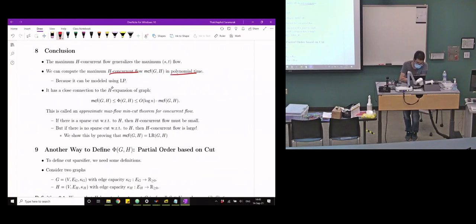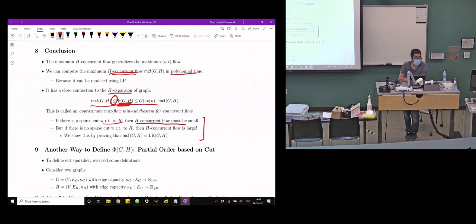And H concurrent flow has a close relationship to H expansion via the max flow min cut theorem. Let's interpret this a bit. What does it say here? It says that if there is a sparse cut with respect to H, then H concurrent flow must be small.